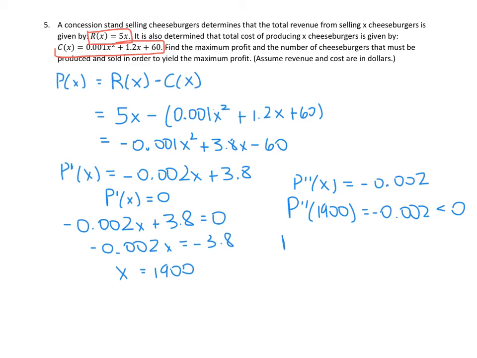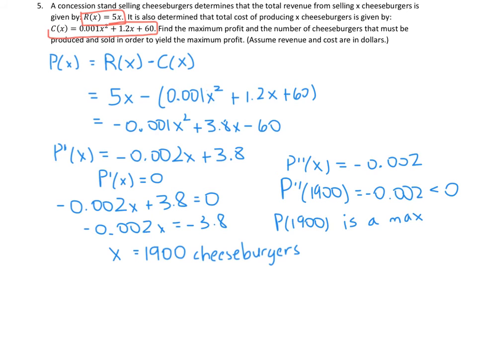So therefore P(1900) is a maximum. Now x represents the number of cheeseburgers, so we have a maximum profit when 1900 cheeseburgers are produced and sold. Now to find what the maximum profit is, we're going to plug 1900 into our profit function.